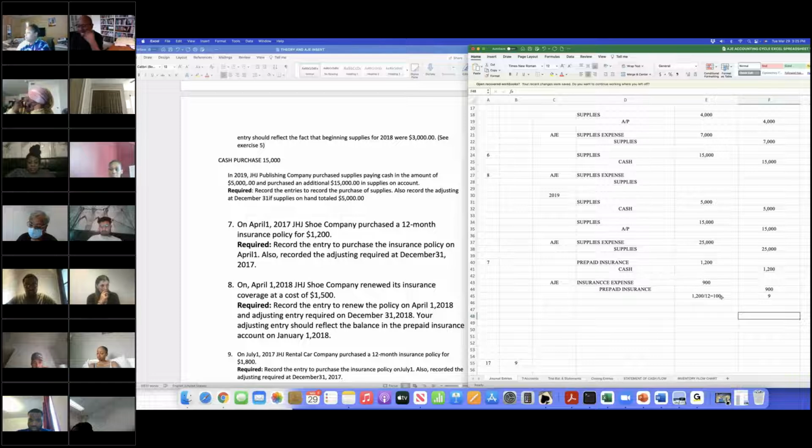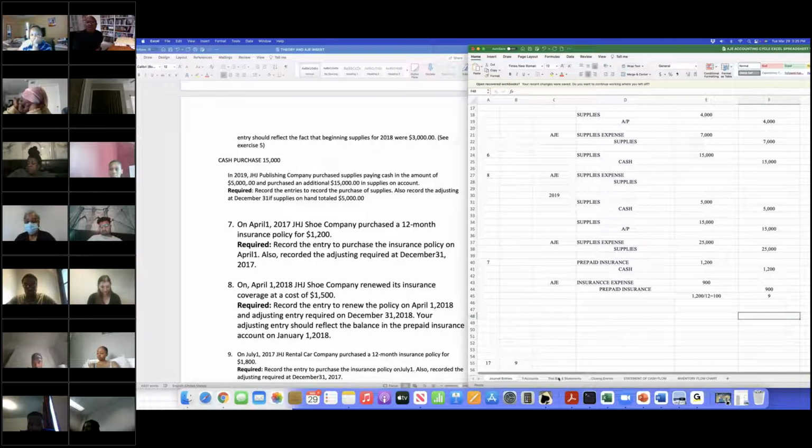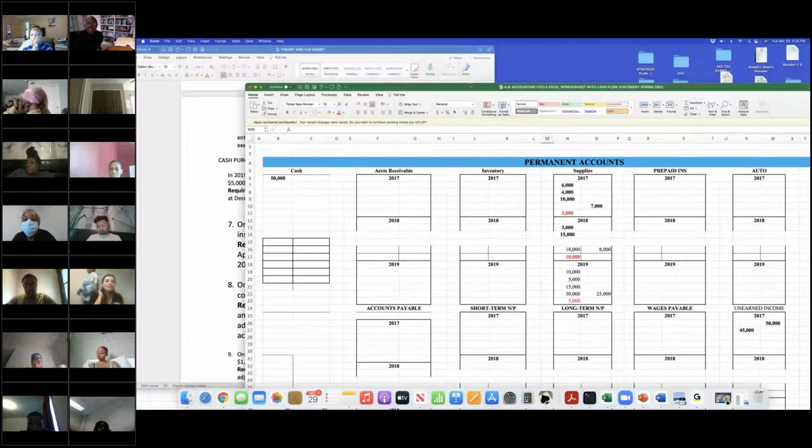From April, if you count April, that is, you look the other way, January, February, and March, that's 3 months. So from April to December is 900. Let's see if we can go and post that. So if we go to the T accounts for prepaid insurance, we have a 1,200 in here.